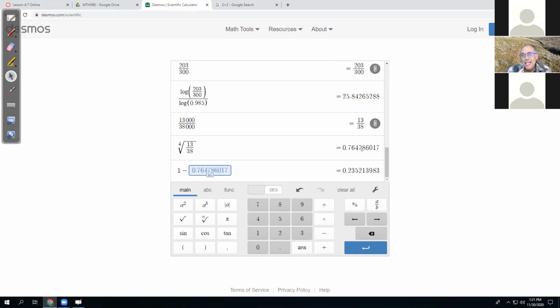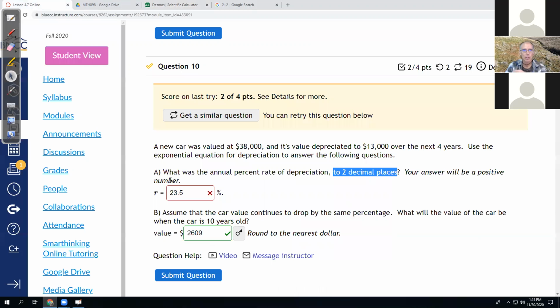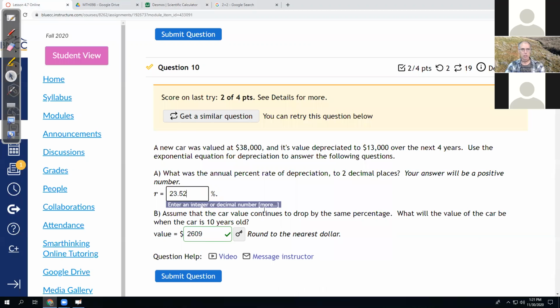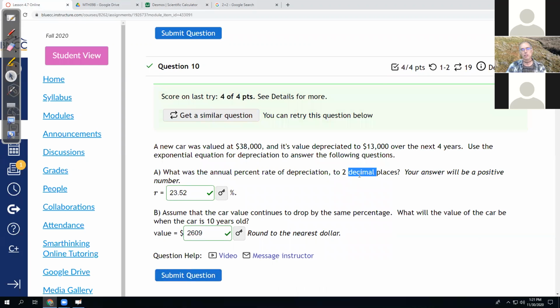So 2 decimal places here, because we got to multiply by 100%, would be 0.2352. So I need one more place. Oops, read the fine print. Okay, so again, before you submit, double check you read all the fine print. I caught it in one place, but missed it in another.